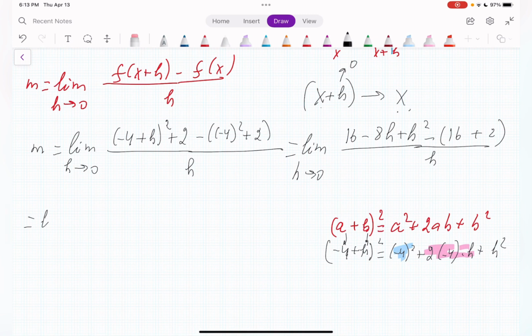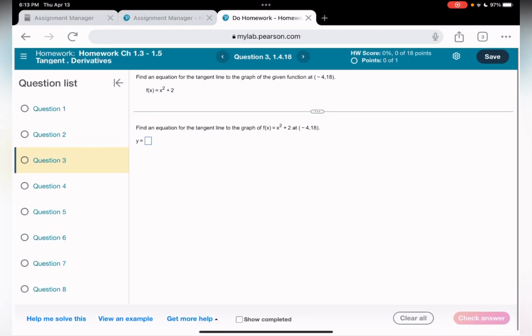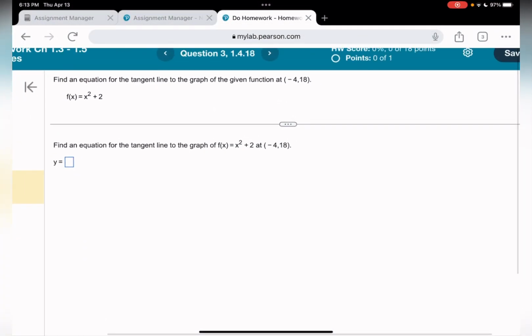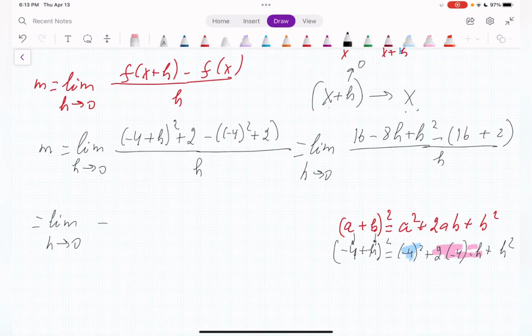So we have the limit as h approaches 0. Let me move my page. So it's going to be 16 minus 8h plus h squared, 16 plus 2 is 18, minus 18.